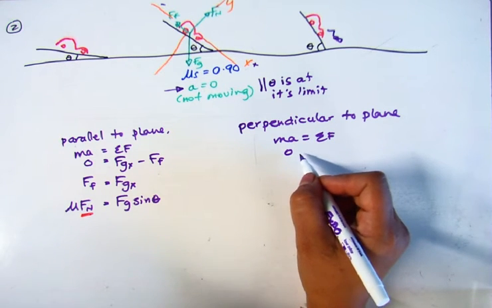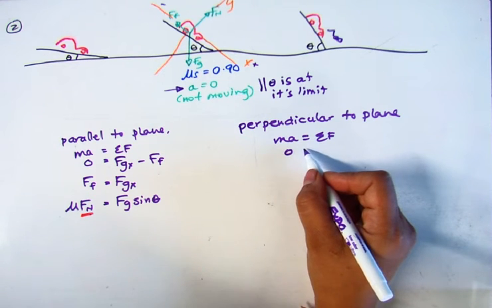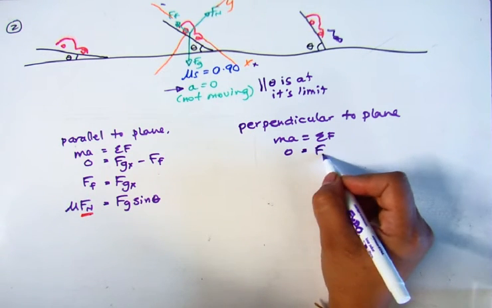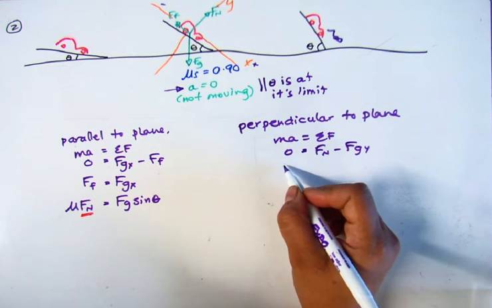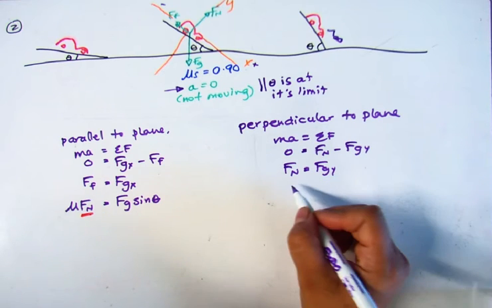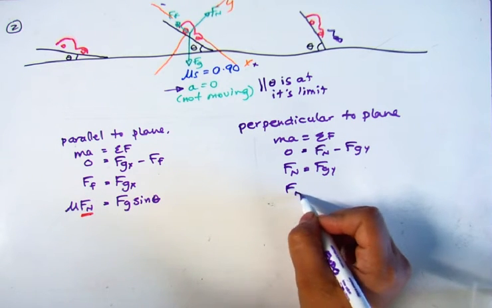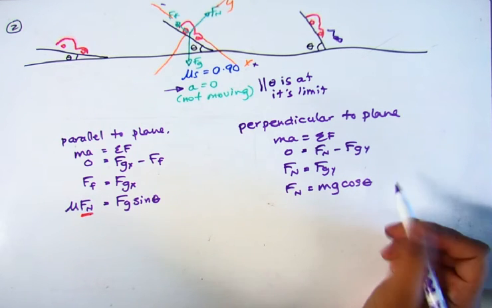It's not smashing into the plane or the slope. It's just at rest. So the sum of the forces in this example is Fn minus Fgy. So we can see that Fn is equal to Fgy. Now we know that Fgy is equal to mg cosine of theta.